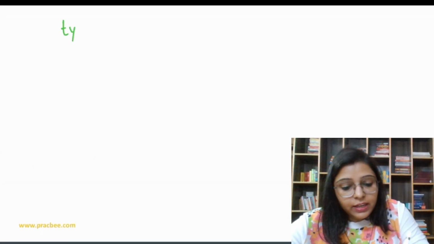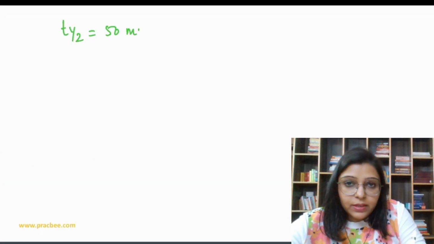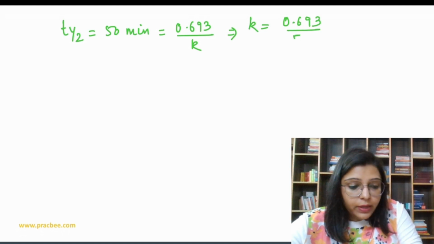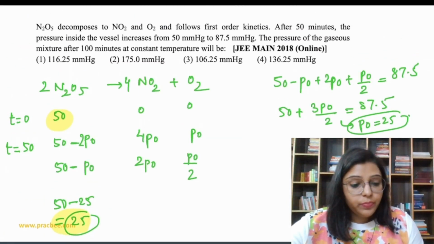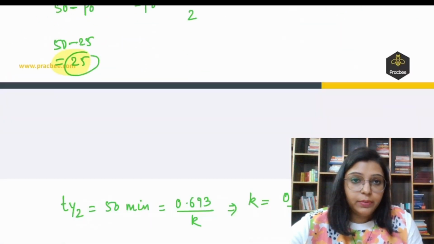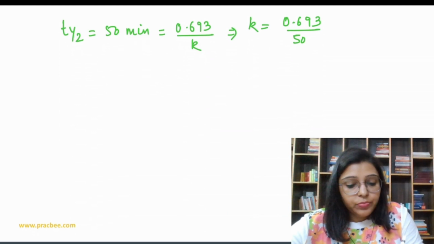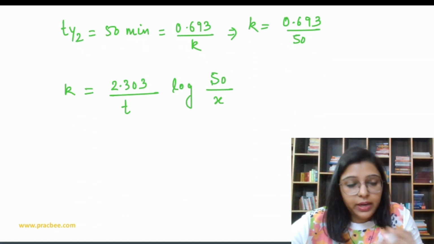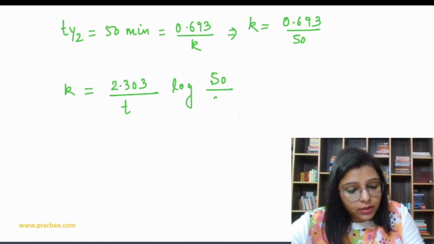Pressure is reduced to half, right? So t half is actually equal to 50 minutes, which is equal to 0.693 upon K, and we can find out the value of K, 0.693 upon 50. Now, next question. The pressure of the gaseous mixture after 100 minutes. So how to solve this? K is equal to 2.303 upon t log of initial 50 and final, suppose, 50 minus P naught dash.